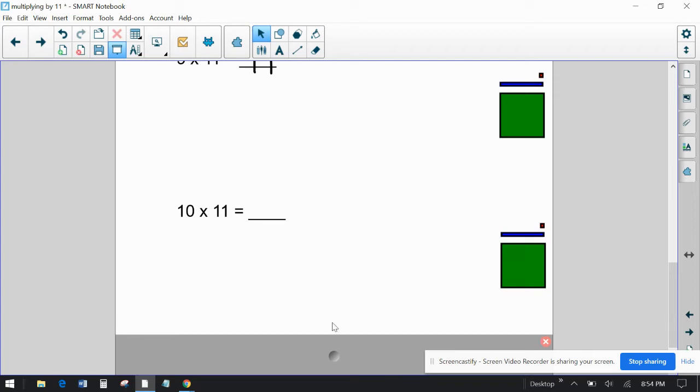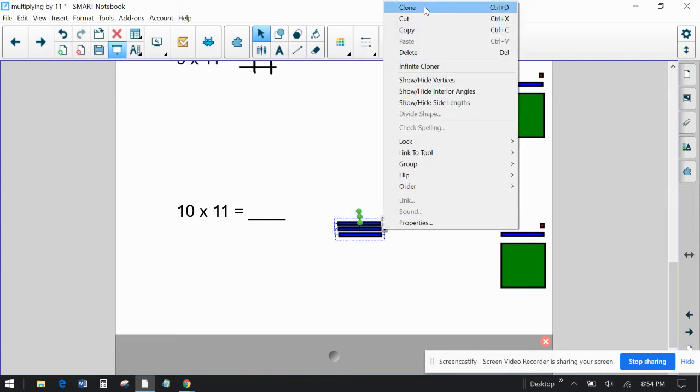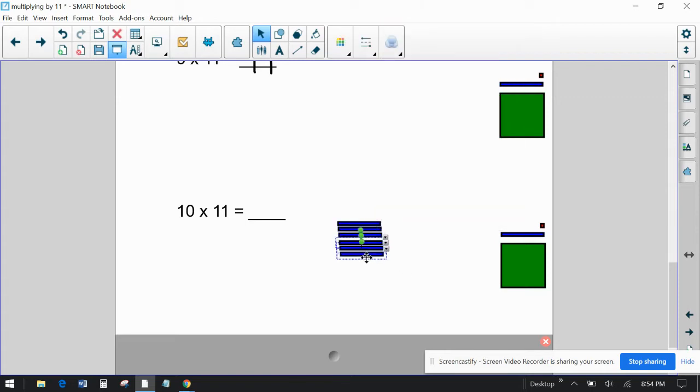So for this one, when I look at this, I'm licking my chops because I see it's times 10. And times 10, that's that easy trick where you take the number that you're multiplying by the 10 and you shift it over one place value and put a 0 in the ones place.